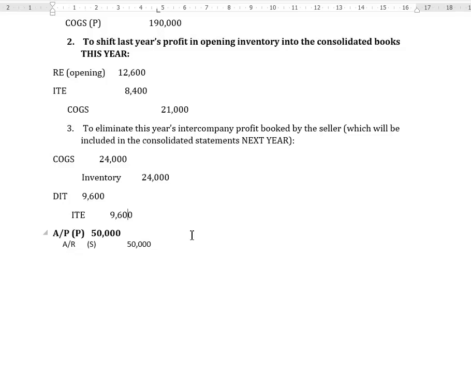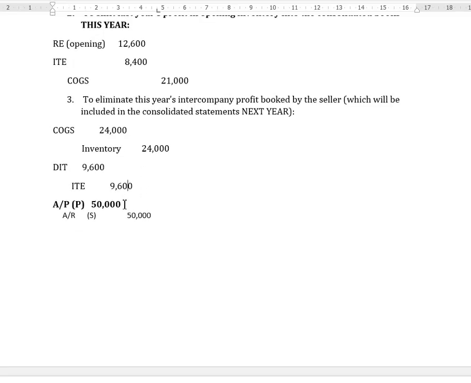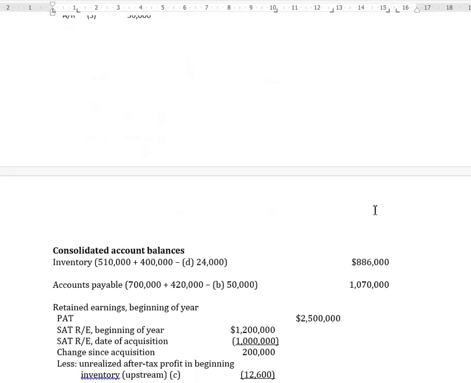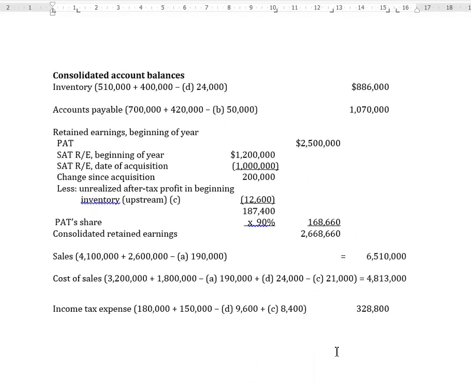So in the year 4 statements, we will see this after-tax profit coming in, and that after-tax profit would be $14,400. So therefore, we make this adjustment to tax expense of $9,600 to lower it. But because we shifted profit into year 3 from the year 2 sale, and this was the year that the parent unloaded the year 2 sales of $70,000 that it hadn't yet sold at the end of year 2, but did sell in year 3, we now book the tax expense.